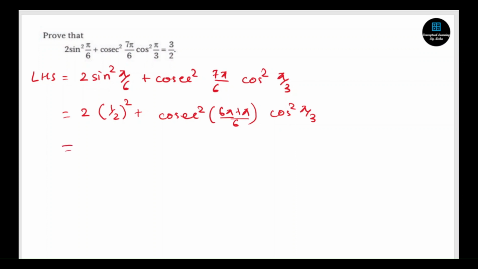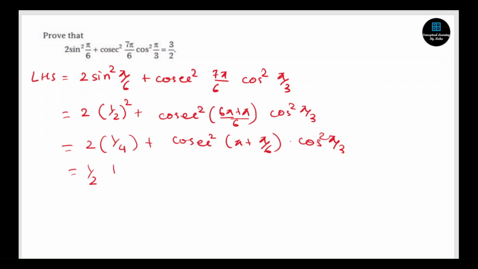Now when I individually break this, 6 pi upon 6, I'll get just pi plus pi by 6, correct? Times cos square pi by 3. Now here 1 upon 2 plus.